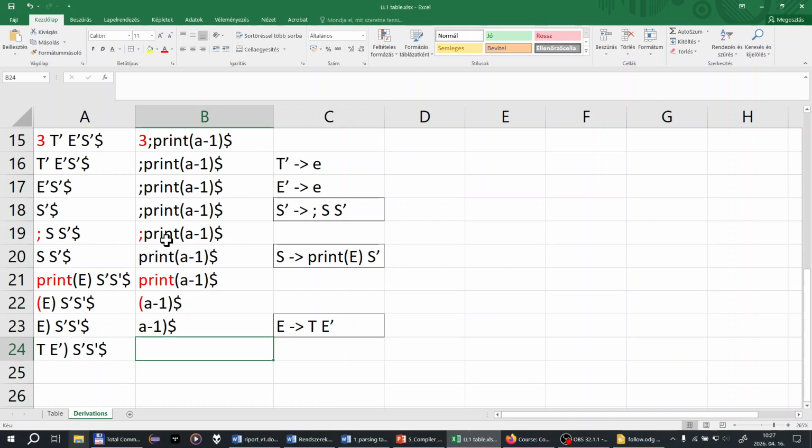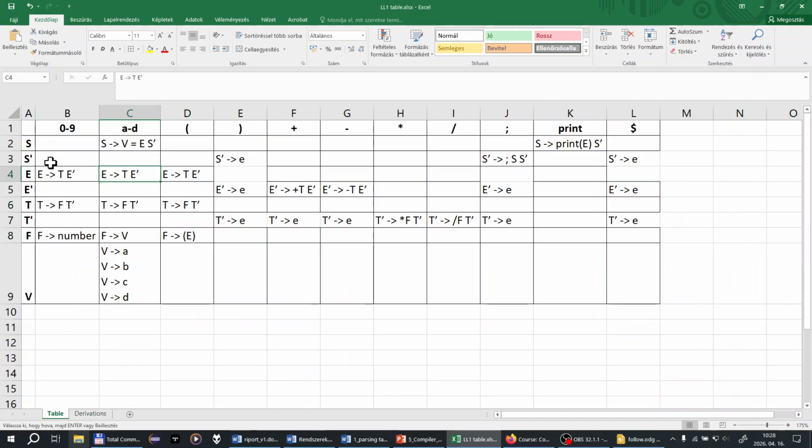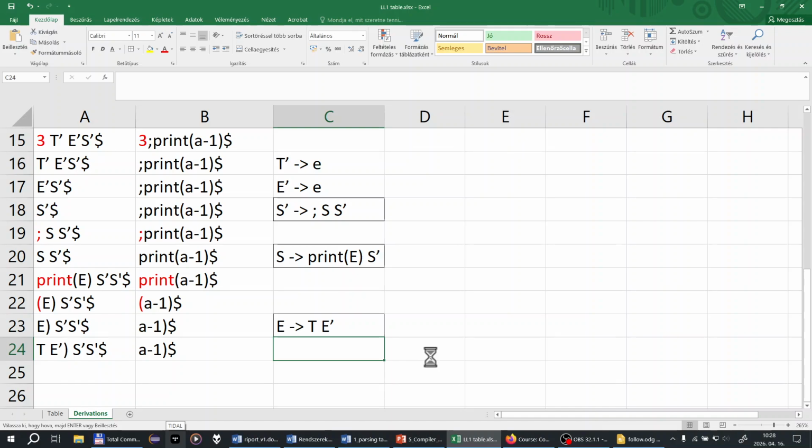So with the a minus 1, for the letter n t, we have FT prime.